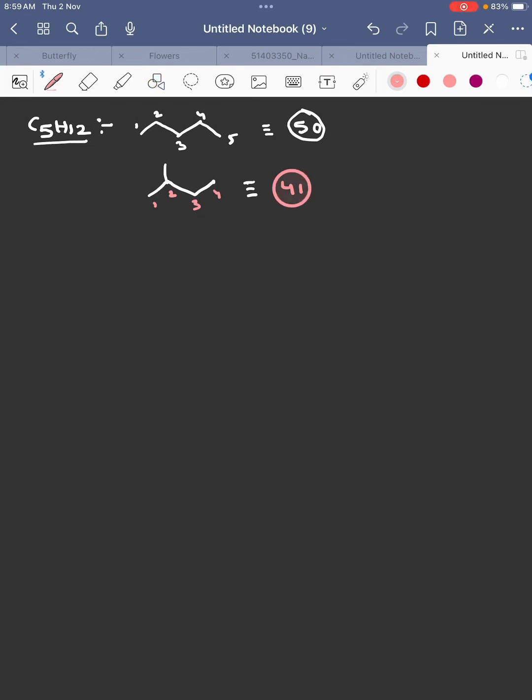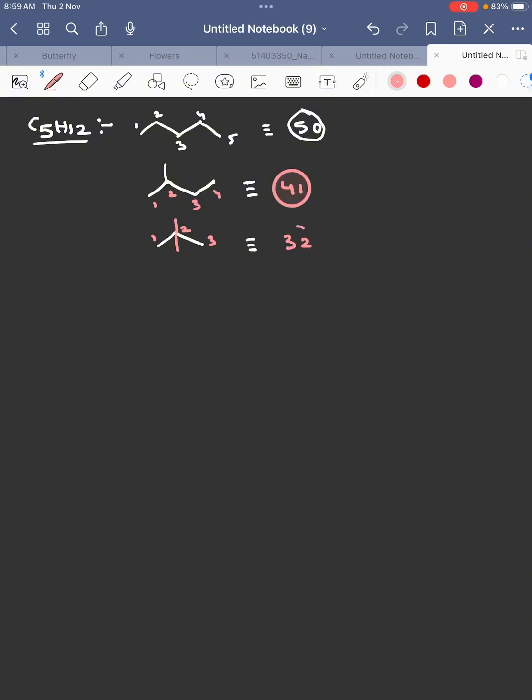One more. Now I will keep 3 carbons in the parent chain, and we want 2 carbons as side chains. What are the numbers? 1, 2, 3. So what is the skeleton number here? Number of carbons in the parent chain is 3.